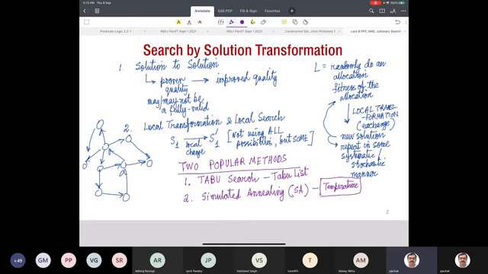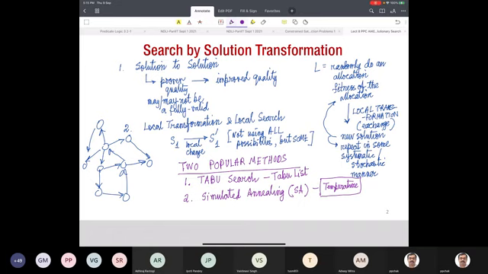So the temperature that you have is the probabilities that you assign. Maybe initially among the top 10, you give everybody equal probability. And then as the search proceeds, the probability assigned to the one which is smaller increases.